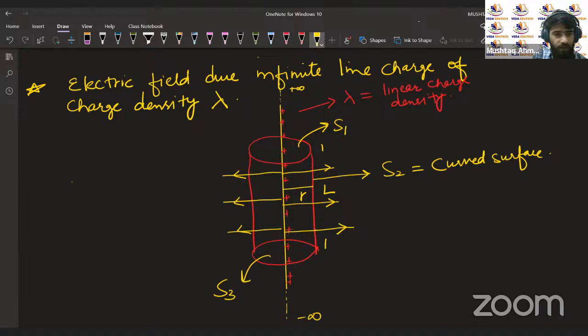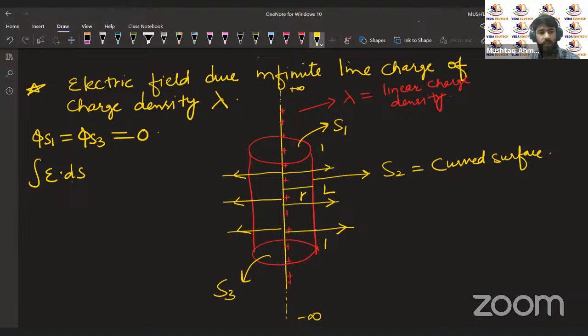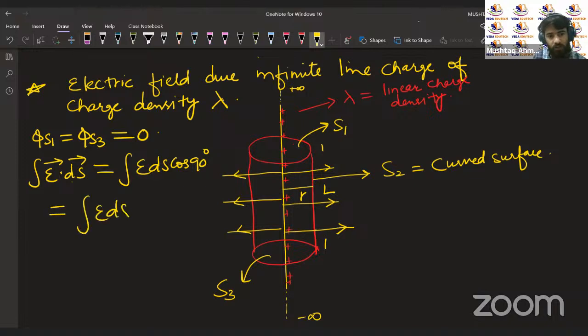You can say that phi S1 will be equal to phi S3, that will be equal to 0 because integral of E dot ds for these surfaces will be equal to 0, because the angle between E vector and ds vector in these two cases will be equal to 90 degree, and we know that cos 90 degree is equal to 0, right? So the flux will be 0.